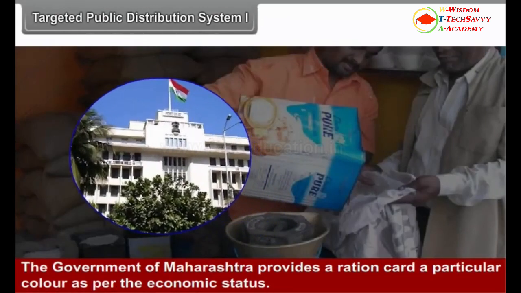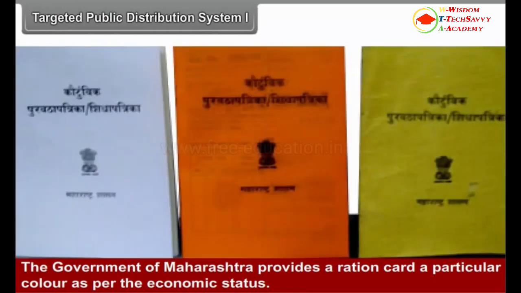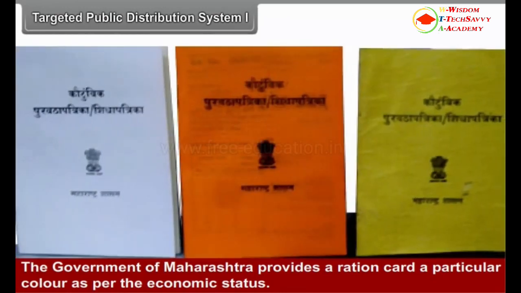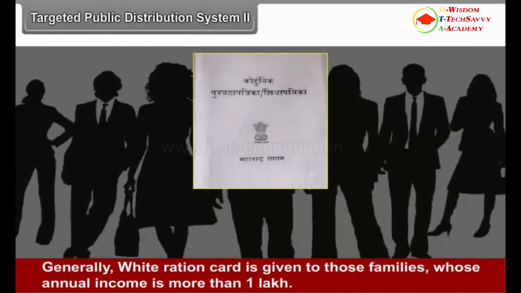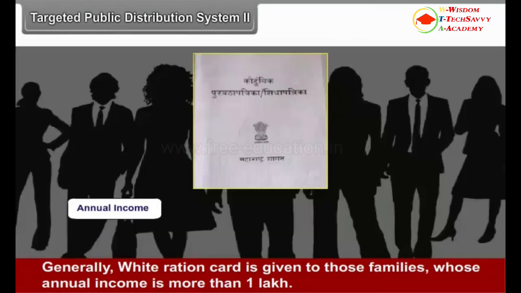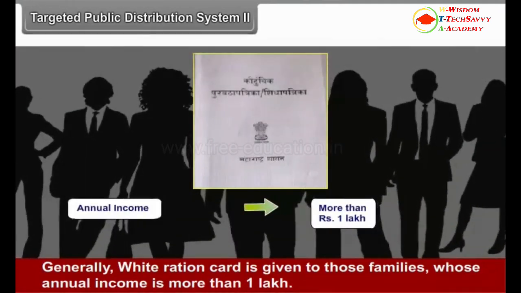The government of Maharashtra provides a ration card of a particular color as per the economic status. Generally, a white ration card is given to those families whose annual income is more than rupees 1 lakh.